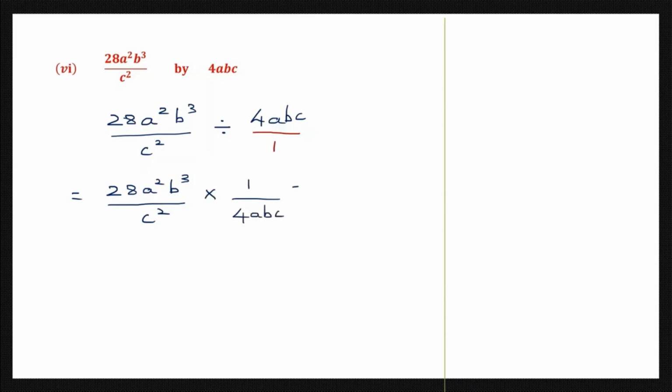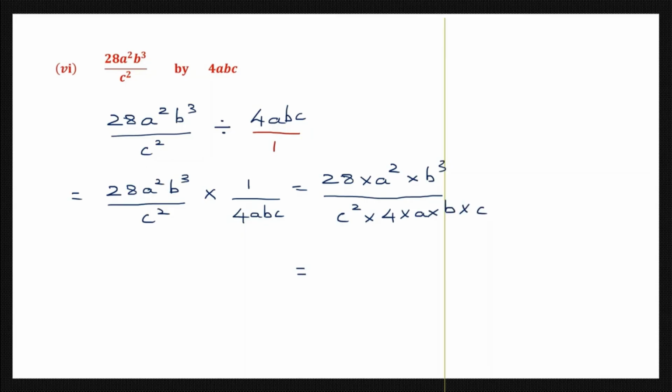4abc. So this will be 28 into a to the power of 2 into b to the power of 3 into 1 will give us the same thing. Then c square into 4 into a into b into c. So here what can we cancel?